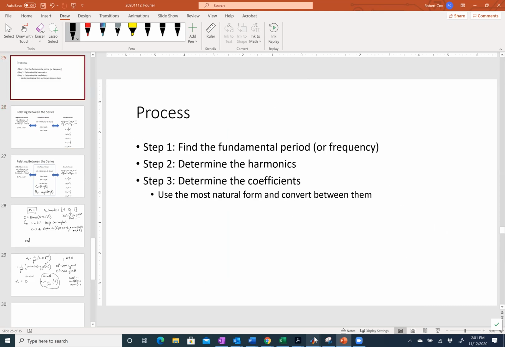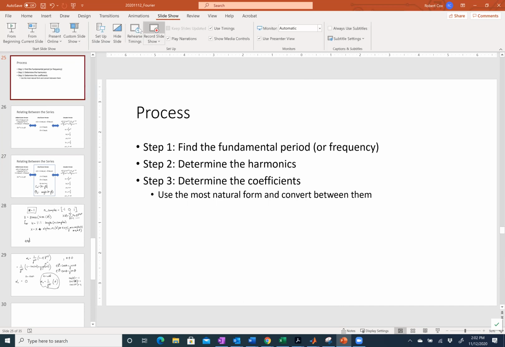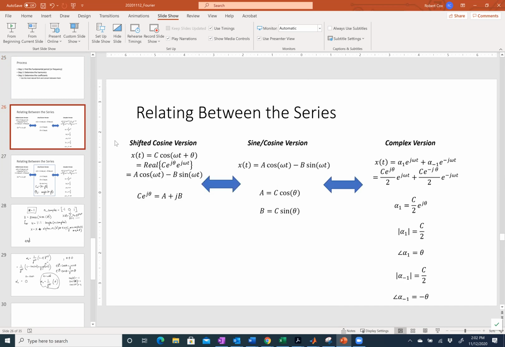Now, the other thing that would be relevant to what we might do in the homework is I might say, find for me the other coefficients. We said we've got these three different forms of the waveform. Most likely I'm going to ask you to compute the alpha values.